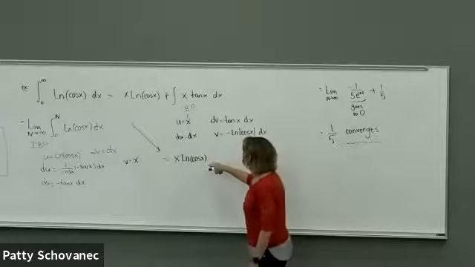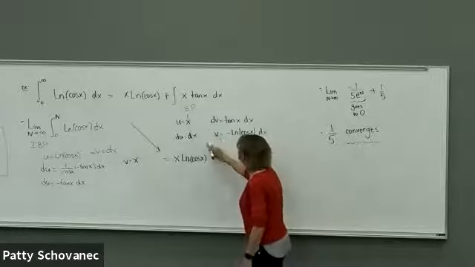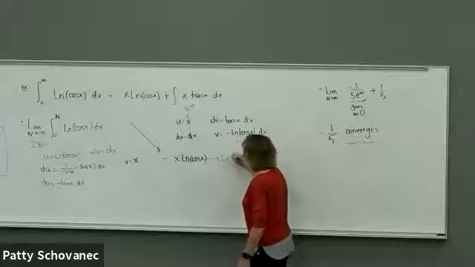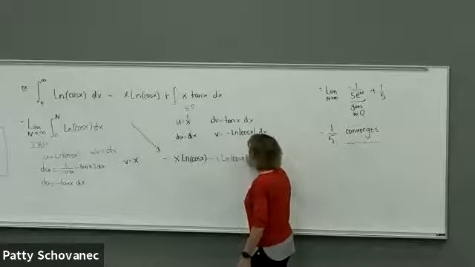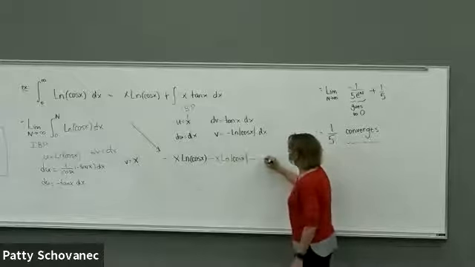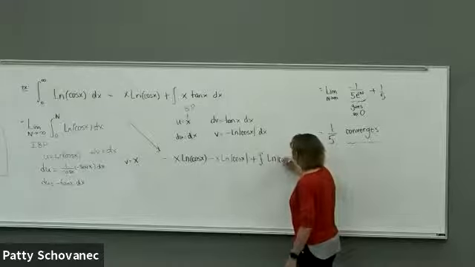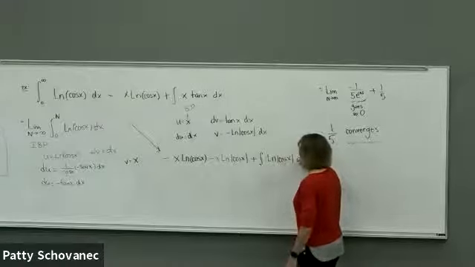Plus uv, but v has a minus, so minus x natural log of the cosine of x, minus the integral of v, but v has a minus, so let's make that plus, natural log of the cosine of x dx.